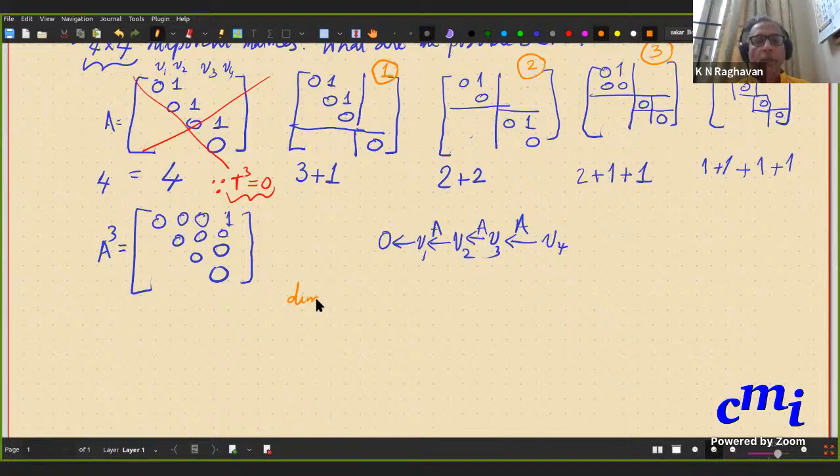Okay, I'll make a table here. There is dimension of TV, dimension of T squared V, and dimension of T cubed V, which of course is 0.